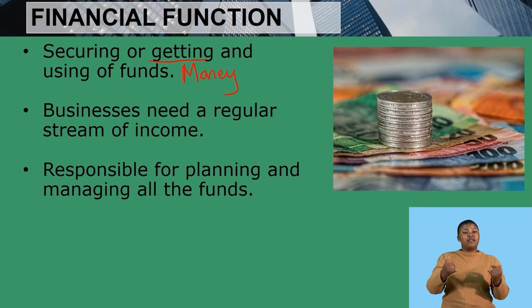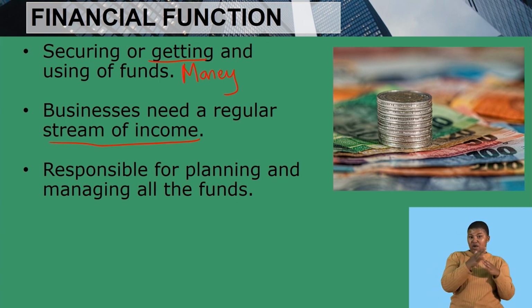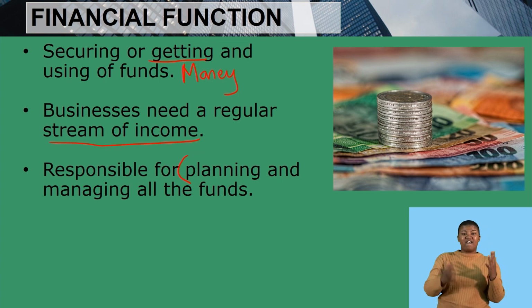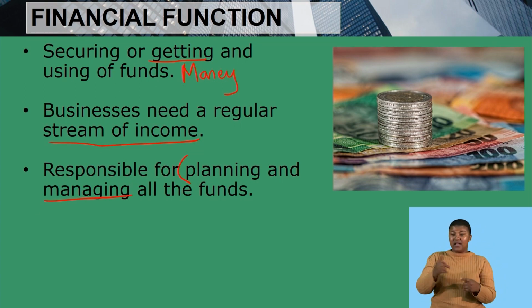So our business needs a regular stream of income. We need money to flow into the business regularly so we can pay our bills and meet our responsibilities. So what financial function basically does is they plan our funds through budgeting and manage the spending of this money.